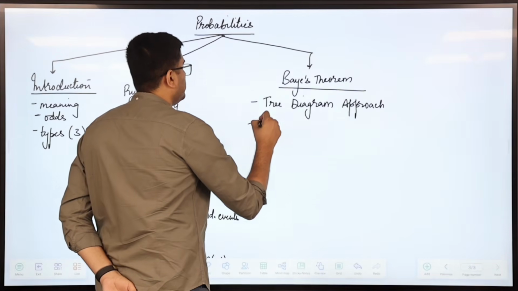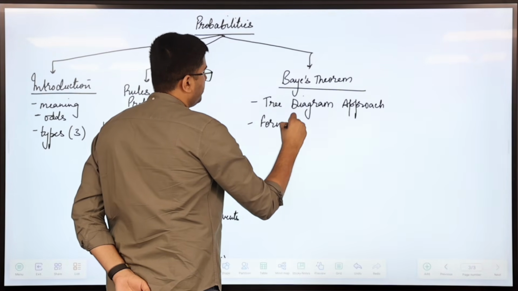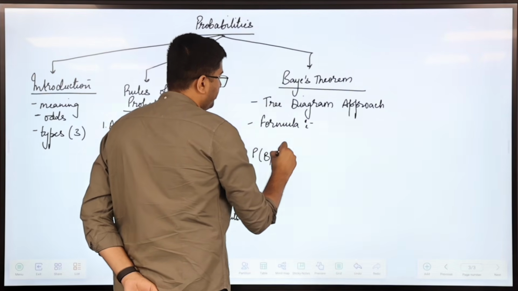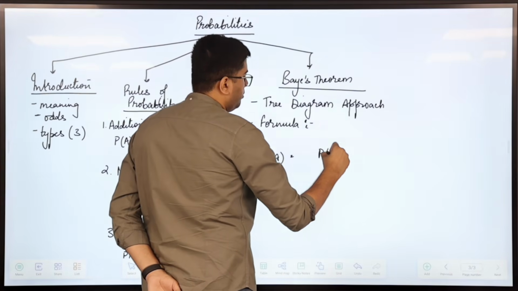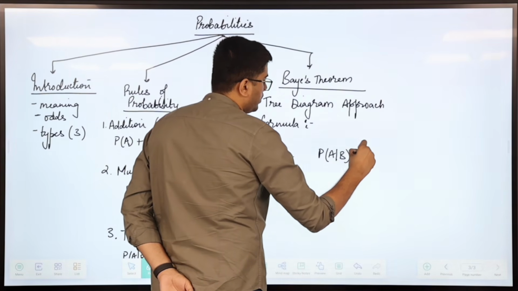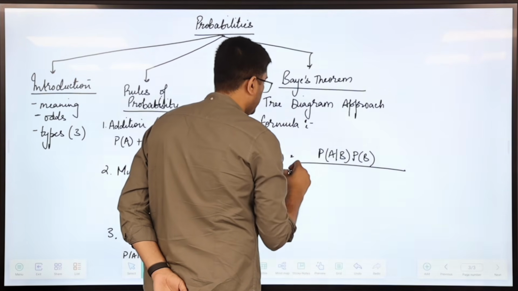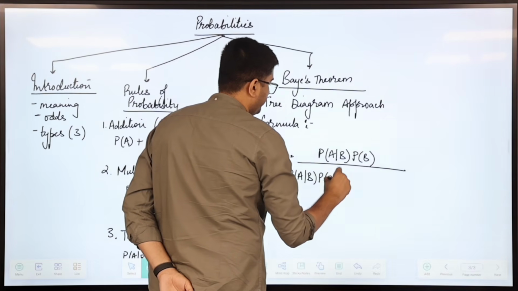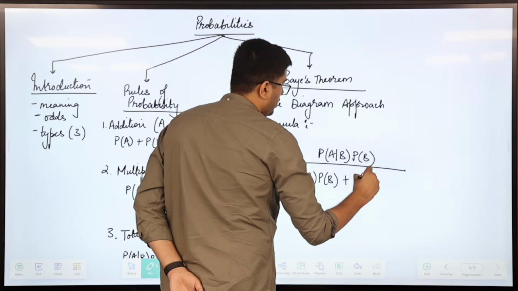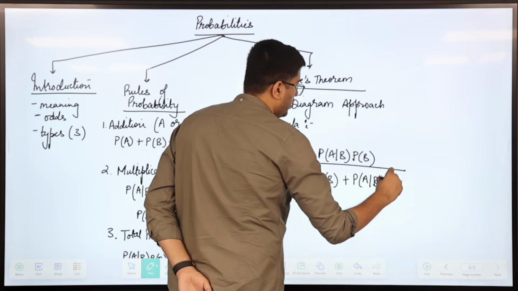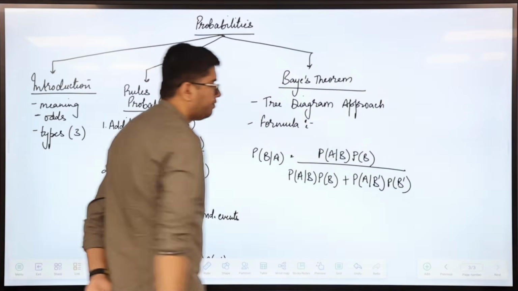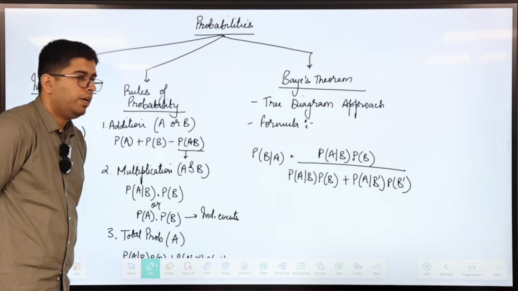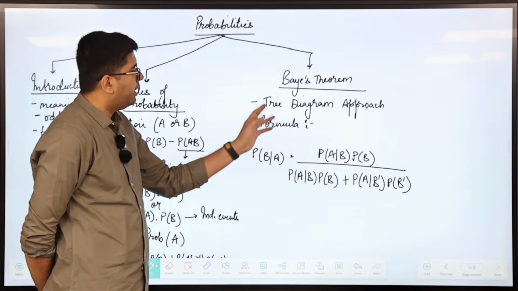The other approach is a formula-based approach, where probability of B given A is calculated as probability of A given B, denominator is total probability rule and numerator is multiplication rule. So it is up to you which approach you find more comfortable.